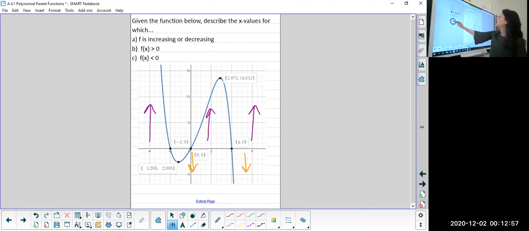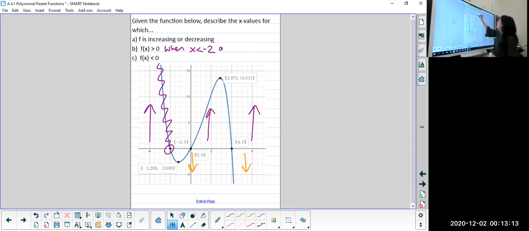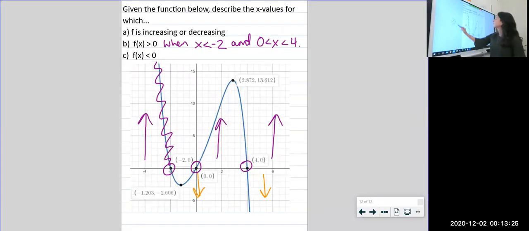So positive y's are going to be when x is less than negative 2, because that's the x-intercept right there. It's going to be when x is between 0 and 4. So 0 and 4. The negative y's, on the other hand, that's right here.